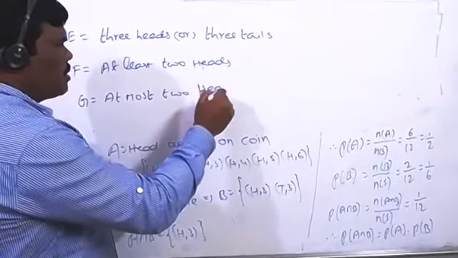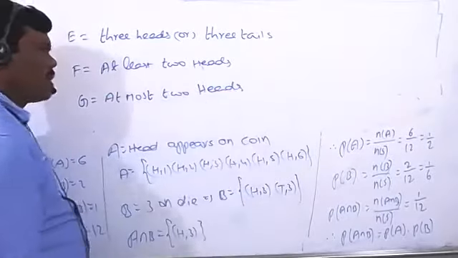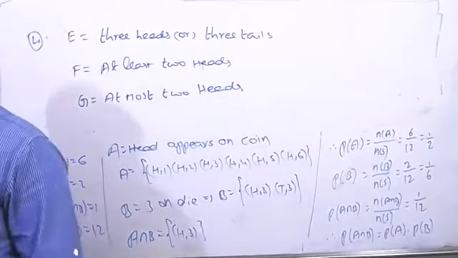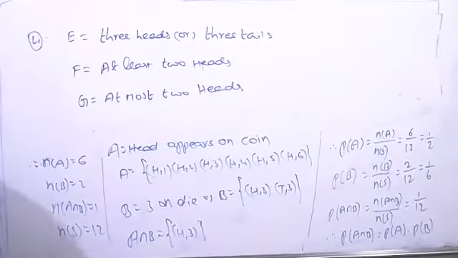These are the 3 different events here now. If you toss the 3 coins, G equals at most 2 heads.